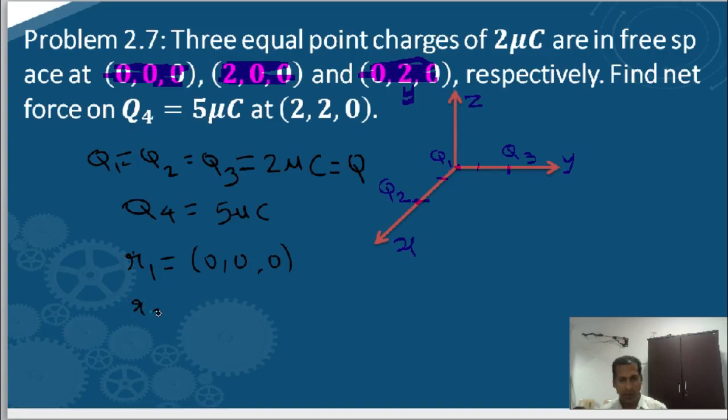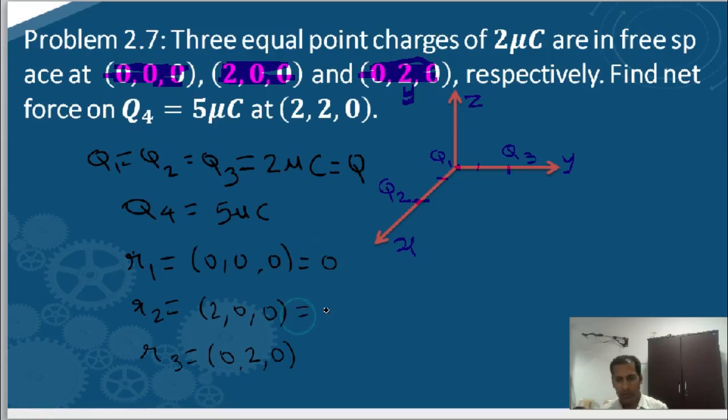Then second we have R2. R2 points are on x-axis, the value is 2, and other two axis values are 0. Then we have R3. R3 is equal to x is 0, then we have y as 2, and then z as 0.